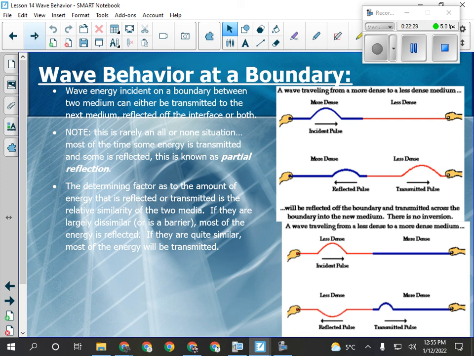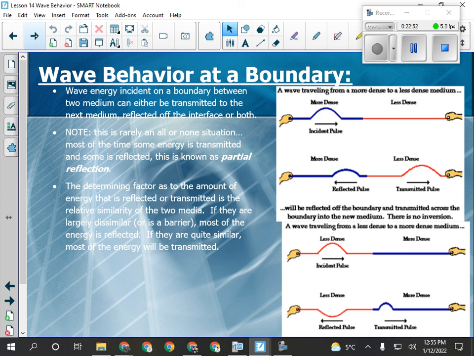If I make this pulse here in the more dense medium and it goes into the less dense medium, then I get a pulse that is going to travel faster. As a result, will the pulse also be longer or shorter? Longer. So this pulse gets longer, and my reflected pulse is upright.